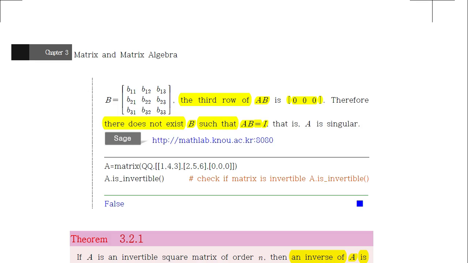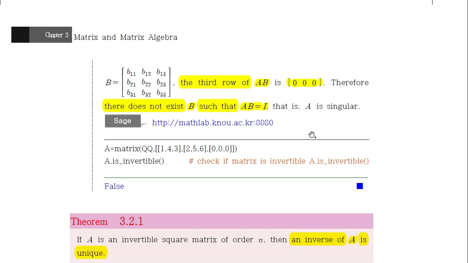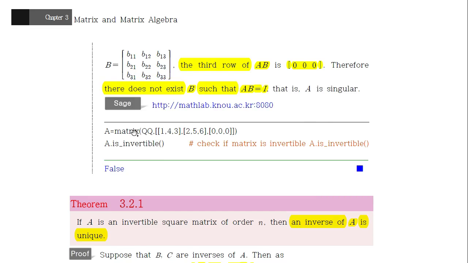So there is no way that you can make an identity matrix by multiplying two matrices. So if you have a matrix that has a zero row or zero column, then it is not an invertible matrix.